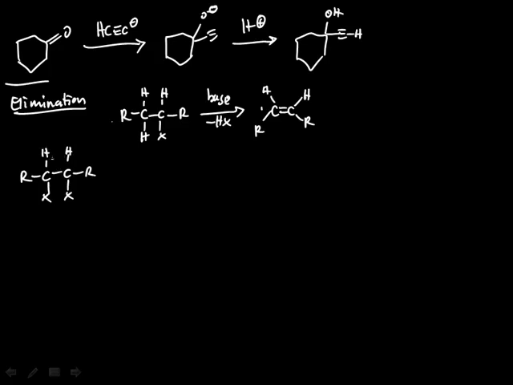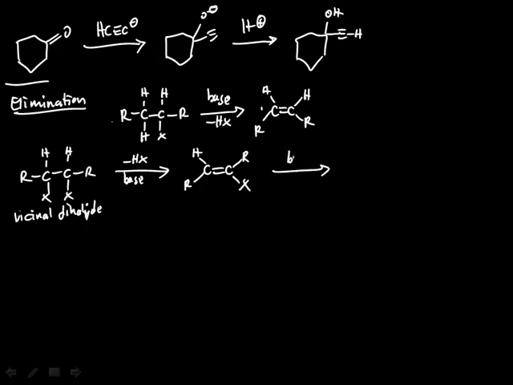So either these two, so this will be a vicinal dihalide, and if you eliminate two HX molecules, we will eventually get to the alkyne.